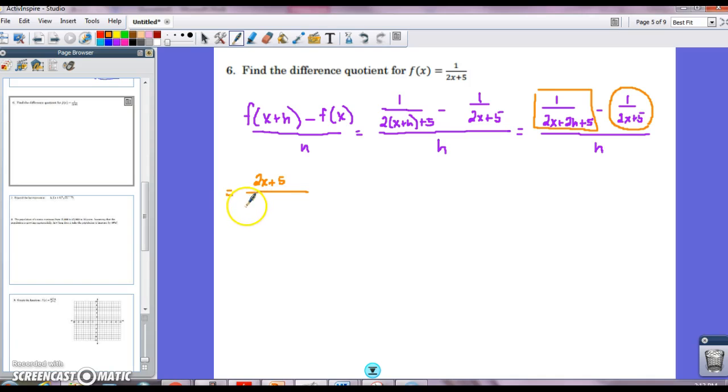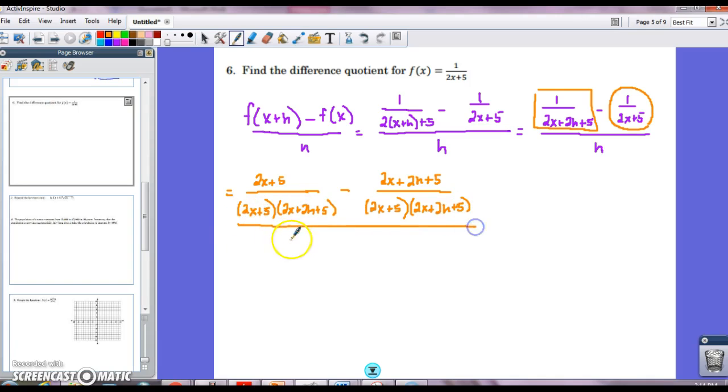So anyway, 2x plus 5 over 2x plus 5 times 2x plus 2h plus 5, minus 2x plus 2h plus 5 over that same denominator, 2x plus 5 or 2x plus 2h plus 5. And all of that is over h.